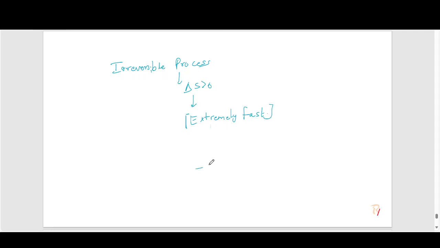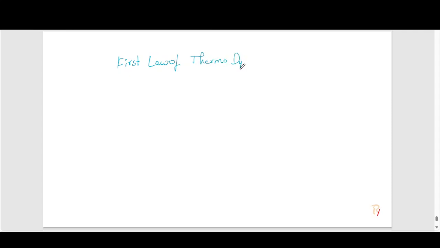Okay, done with the lecture. I have forgotten to say the first law of thermodynamics very clearly, so let me tell it. The first law of thermodynamics is nothing but the law of conservation of energy.